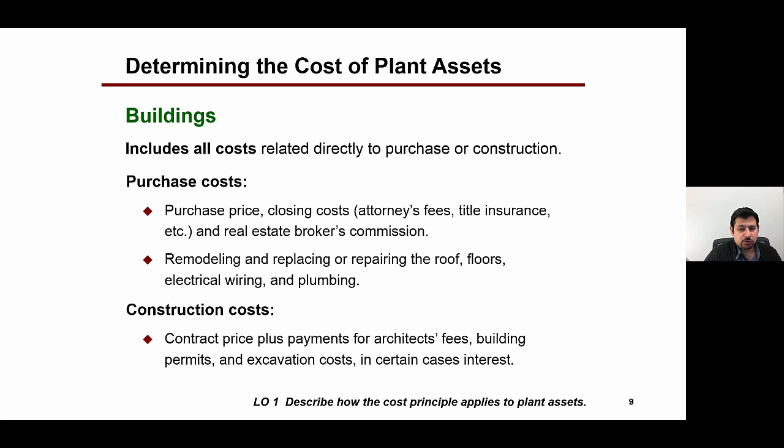In these circumstances, interest costs are considered as necessary as material and labor. So at this point, the building cannot be constructed without this interest. But the inclusion of interest costs in the cost of the building is only during the construction period. Once the construction is completed, the company will start recording subsequent interest payments as debits to interest expense.